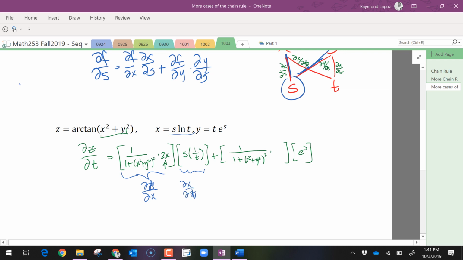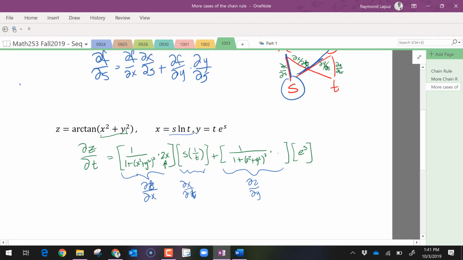And then now we want the partial of x with respect to t. And so s is a constant. The derivative of ln t is 1 over t. So s times 1 over t. And then the next one is the partial of z with respect to y. And then I left out my 2y over here.